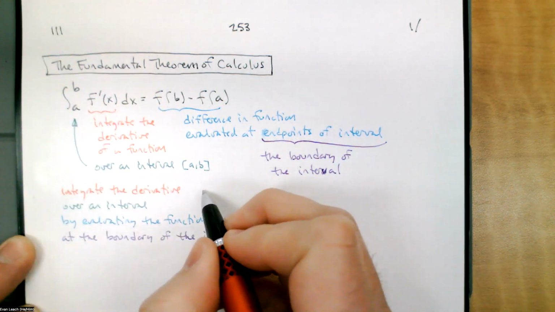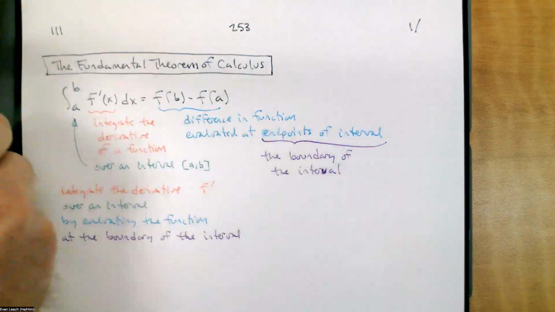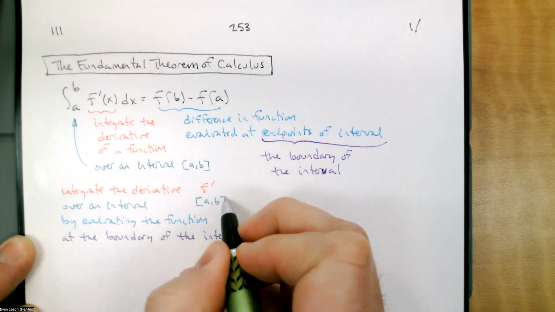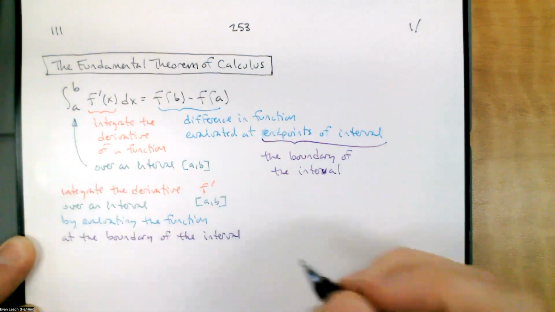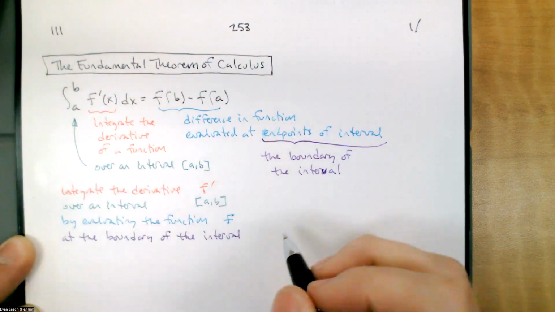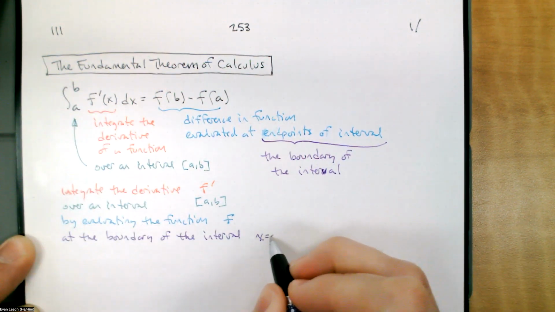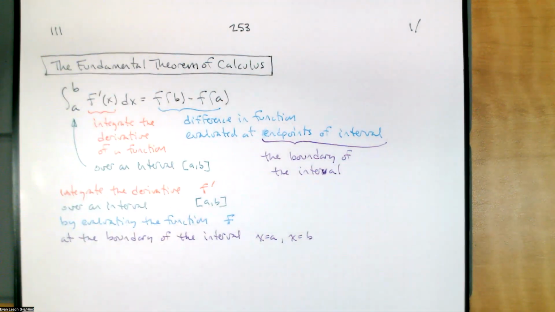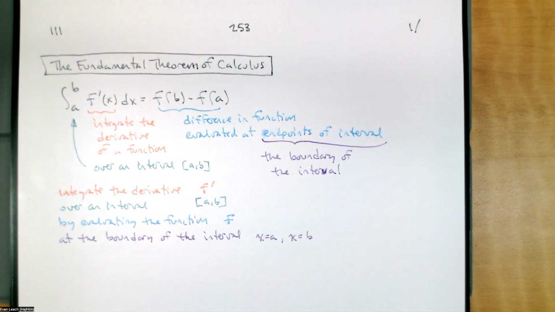We integrate the derivative f prime over an interval from a to b by evaluating the function f at the boundary of the interval. Which, since we're just dealing with an interval, is just the endpoints.